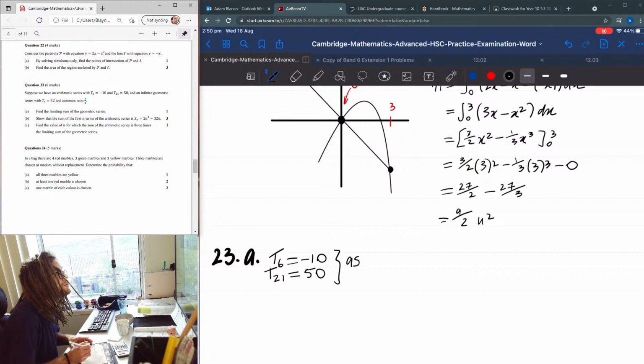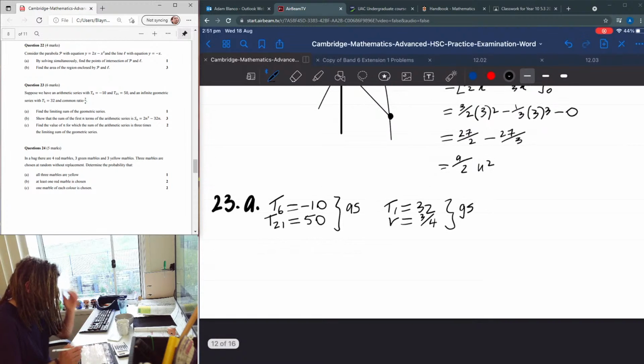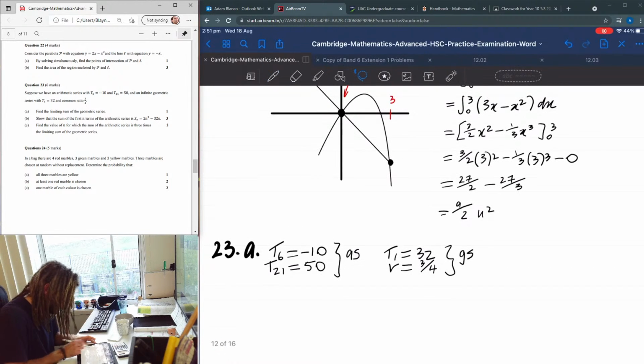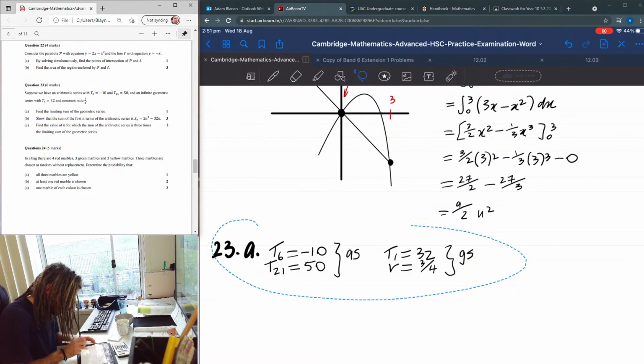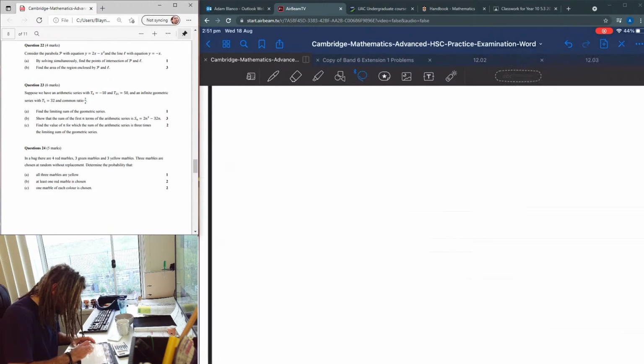And then there's an infinite geometric series, T1 equals 32, and common ratio 3 on 4. And that's a GS. Oh my god, I'm out of room.